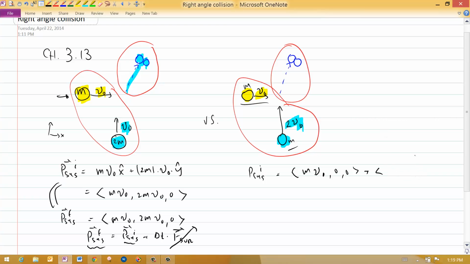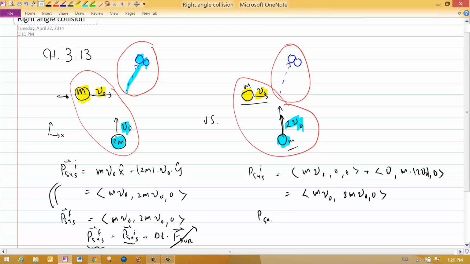I'm doing this in vector coordinates, so the x component here is 0, it's going straight upwards. The y component is the mass times 2v0, and then 0. And I add those two things together as vectors, I get m v0, 2m v0, and 0.